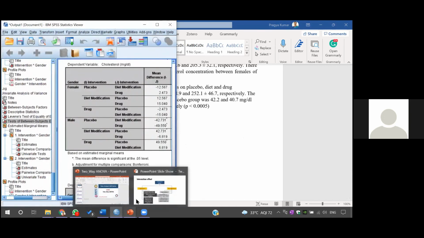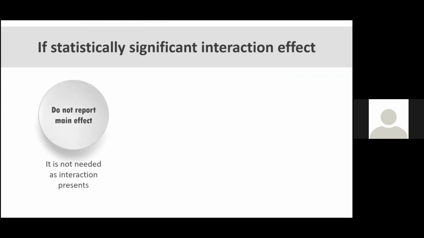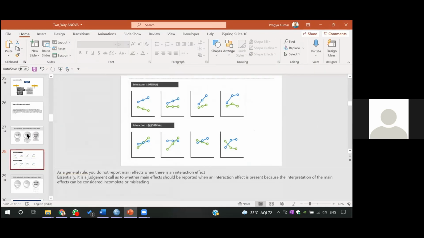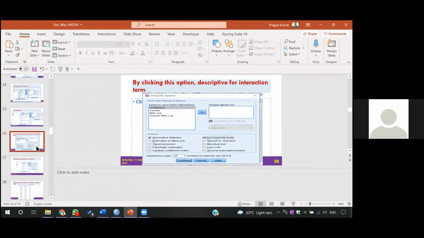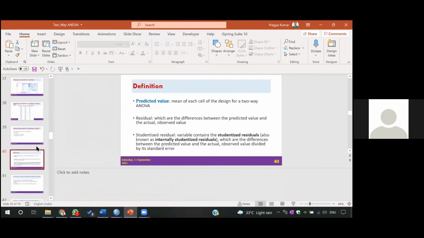So if I go back again to the presentation and see all these commands, let me go to this one. So this we have written here: save option, residual, checking residual.